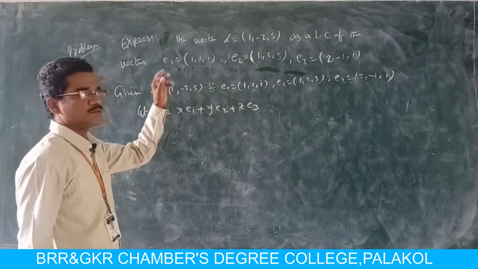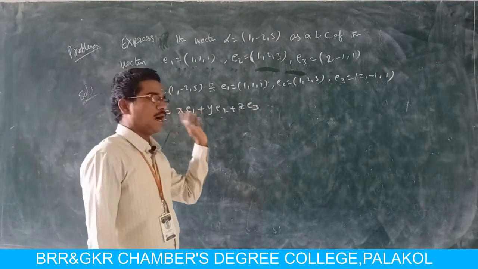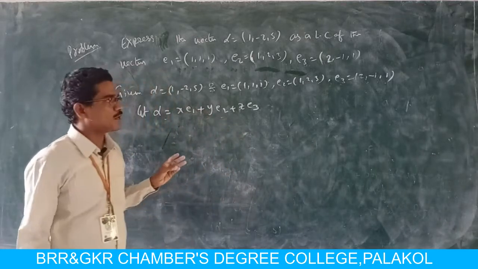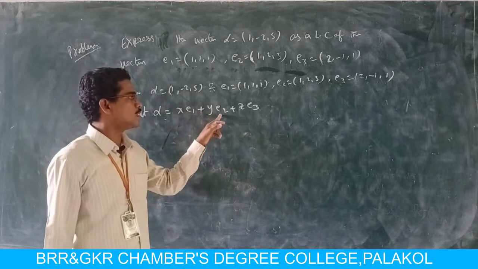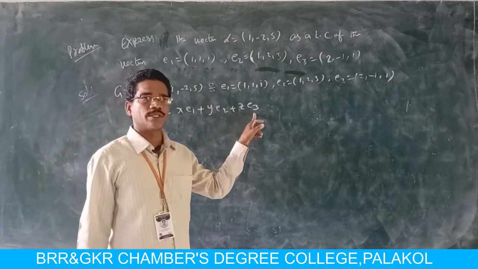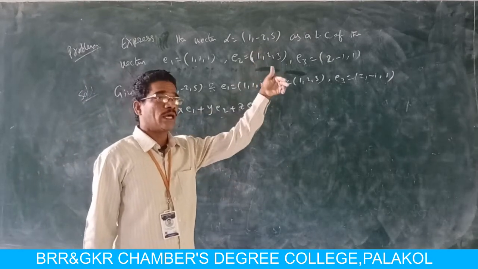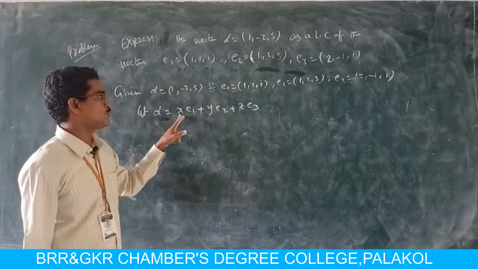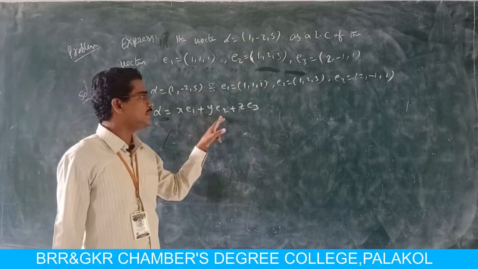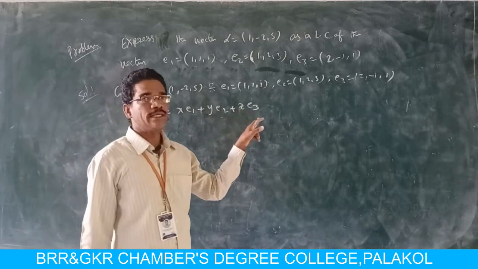The definition of the linear combination means alpha equal to a1 alpha 1 plus a2 alpha 2 plus a3 alpha 3, so on, plus an alpha n. Similarly, alpha equal to x e1 plus y e2 plus z e3.